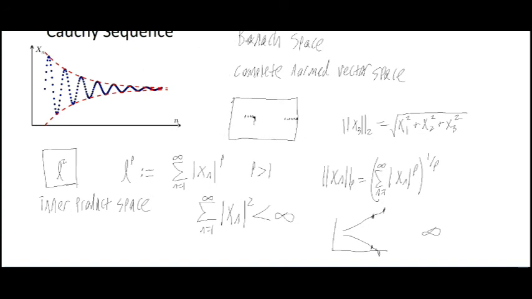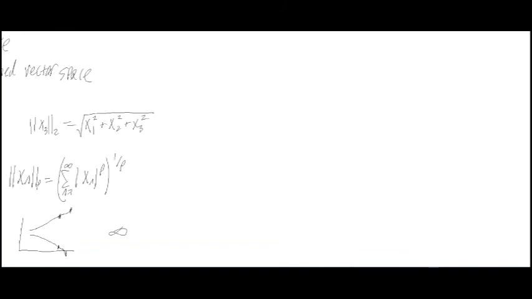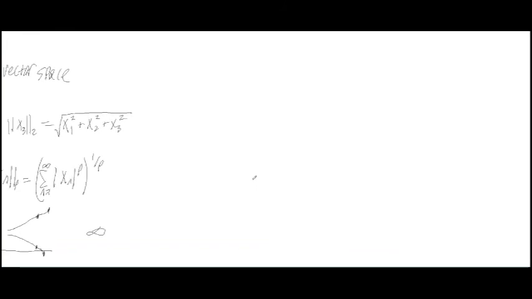And so to be a Banach space, it has to converge, and then to be a Hilbert space, it has to be an inner product space. So it's a Banach space that is also an inner product space, and that gives us our Hilbert space. And you will see Hilbert spaces in quantum mechanics quite often.